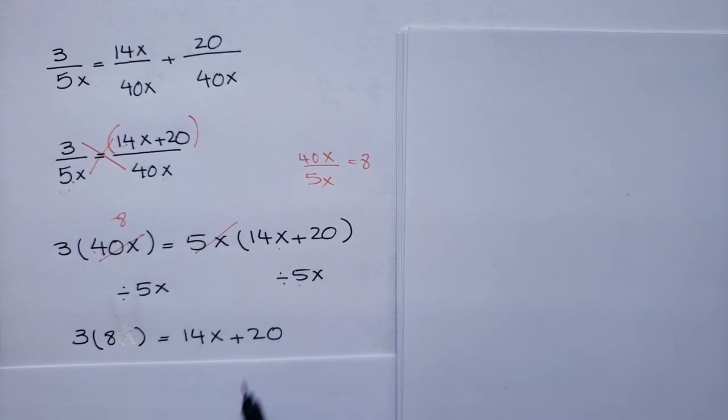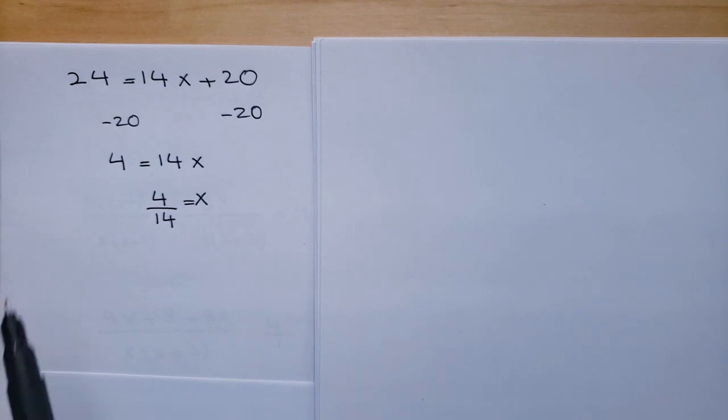But remember here, I divided everything by 5x. So 5x, usually the root is 0, but because it's the same value as NPV, we wouldn't accept it as one of the roots.